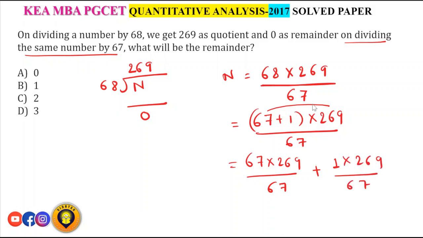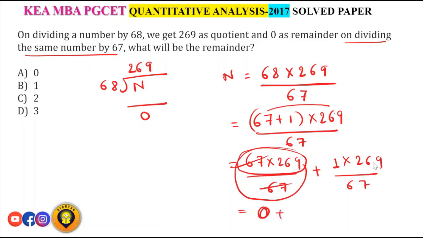Just open the bracket and multiply. Okay, 67 into 269 plus 1 into 269 divided by 67. Got it? So you know that this number is divisible by 67. So therefore here, see, 67 cancels. That means here the remainder is 0. That means this number 67 into 269 is completely divisible by 67, so you get the remainder as 0.